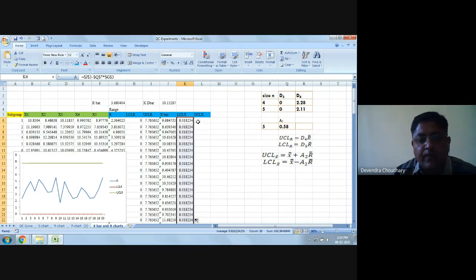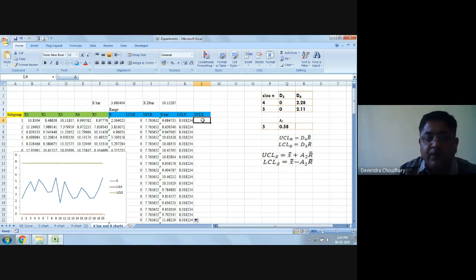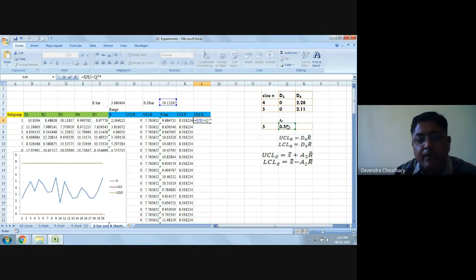Okay, then we determine the upper control limit of the X bar chart, that is X double bar value, we freeze it, plus A2 multiplied by R bar, and we freeze both these values.